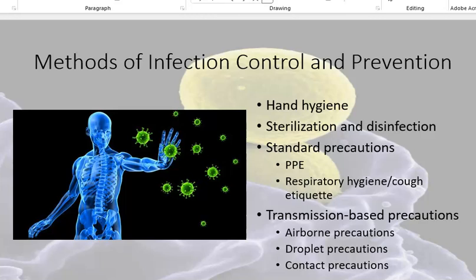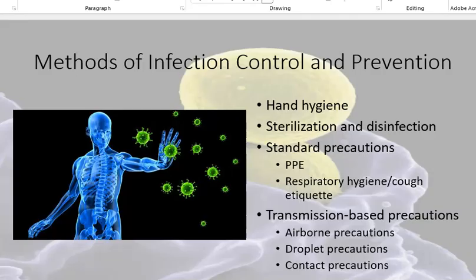Methods of infection control and prevention. Of course, you have hand hygiene, sterilization and disinfection, standard precautions, and then your transmission-based precautions. Infection control in healthcare settings.